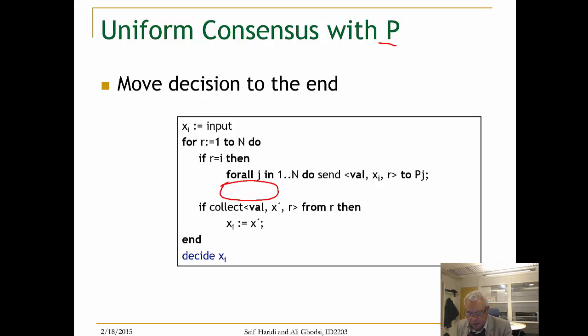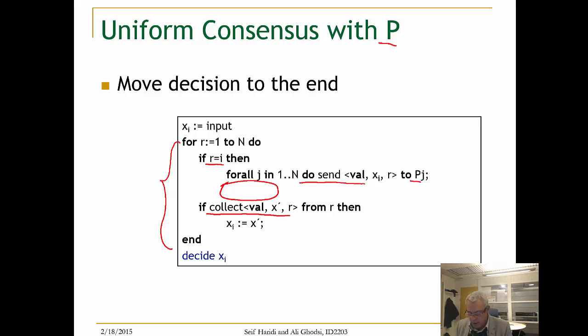Every node executes this code. You have your initial input, and you move into rounds, from round 1 to n, the number of processes in the system. If you are the leader of a round, meaning your process ID is the round ID, then you broadcast the message to all processes. That's all. And every node, the leader and the non-leaders, performs a collect operation.